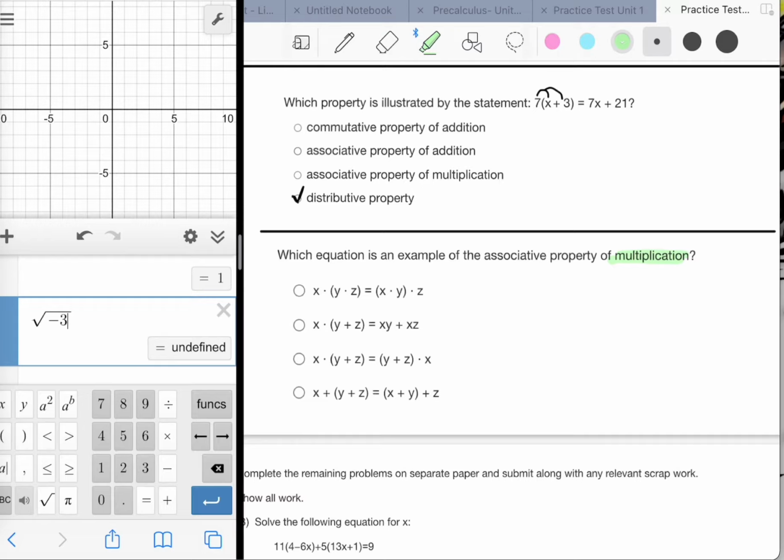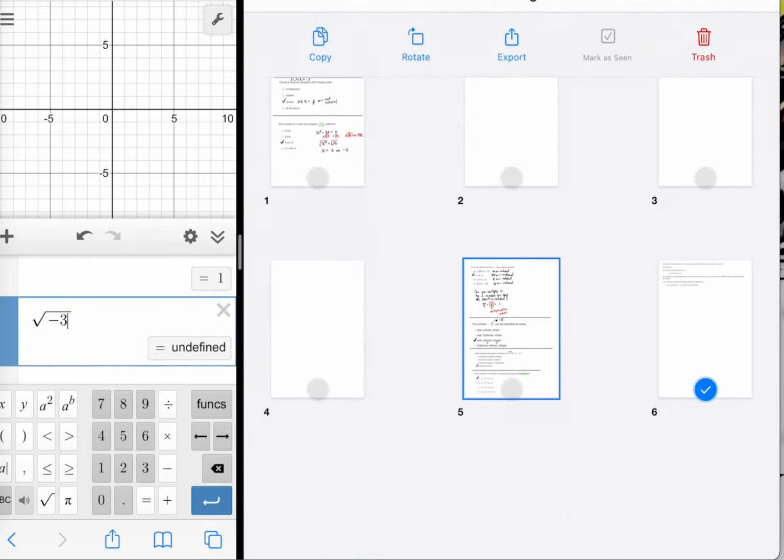There's only one choice that strictly involves multiplication. Everything else has addition in it somewhere. So that would have to be the first choice here. But you could also see on the left side and on the right side, it's x, y, z in that order. The only things that moved from the left side of the equation to the right side were the parentheses. All right, so that one's pretty not bad.